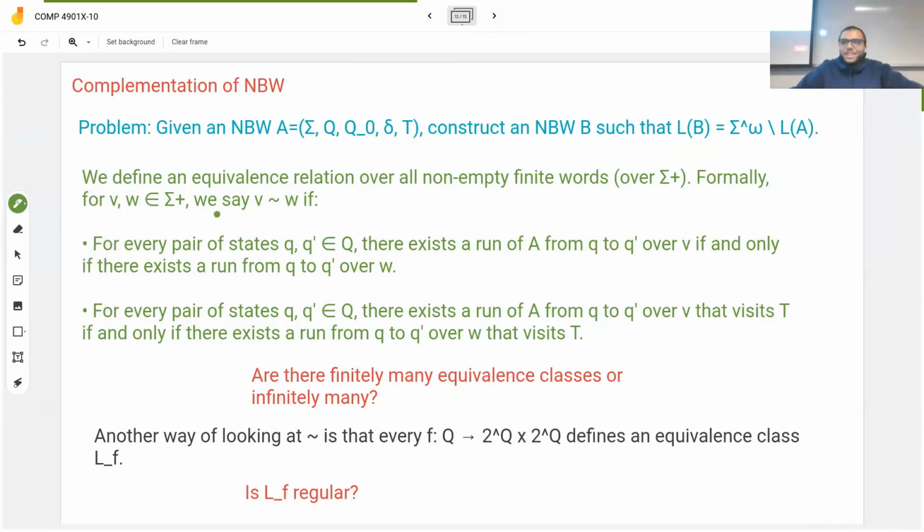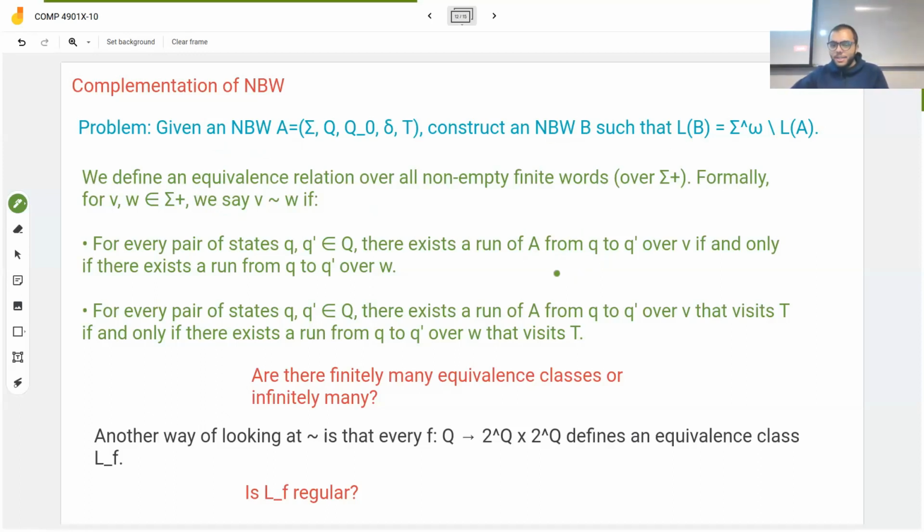It's such a non-trivial thing, but at the same time, it's really easy to explain. So let's say I want to complement an NBW. I'm given an NBW A, and I want to construct another NBW B such that the language of B is the complement of the language of A.